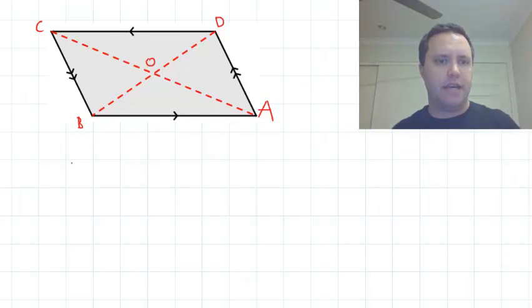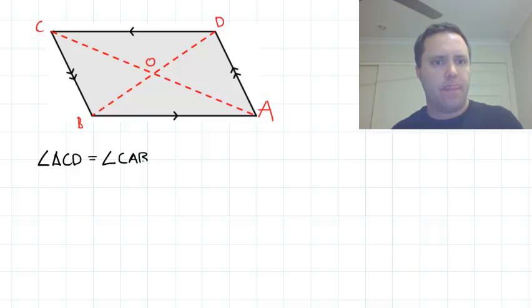The first thing we're going to say is that angle ACD, which is this big one, A to C to D, is equal to angle CAB. So I've said that this angle here is equal to this angle here, because of the Z rule, alternate angles.